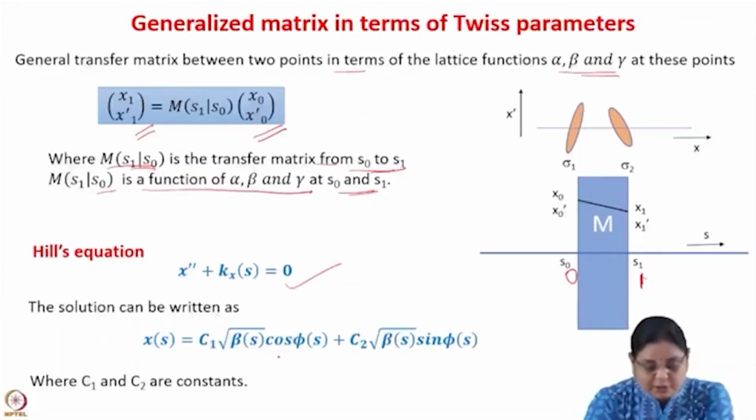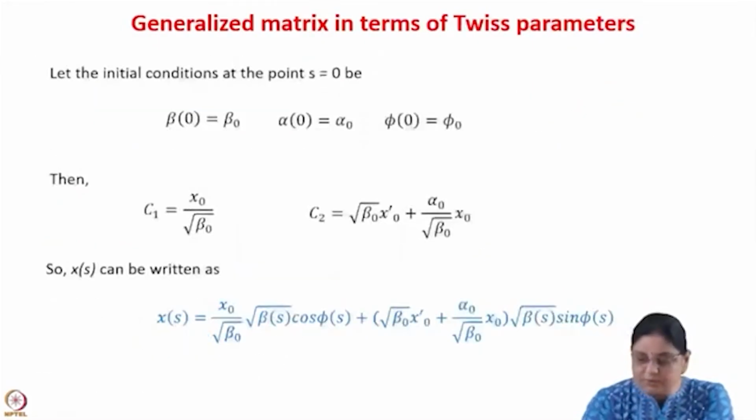You can write the solution of Hill's equation in the form of cos and sine, where C1 and C2 are constants. Now at point S equal to 0, let the initial conditions be alpha 0, beta 0 and phi 0. So you can calculate the values of the constants C1 and C2.